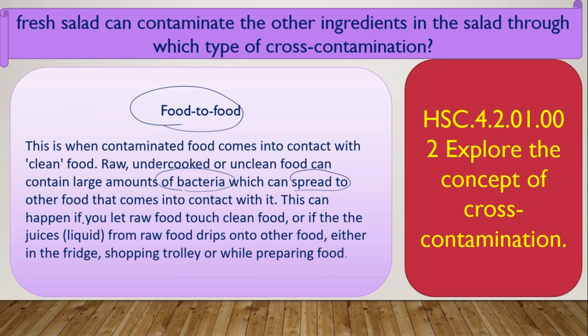This can happen if you let raw food touch clean food, or the liquid from raw food drips onto the other food, either in the fridge, on the chopping board, or while preparing food. Your answer is food to food.